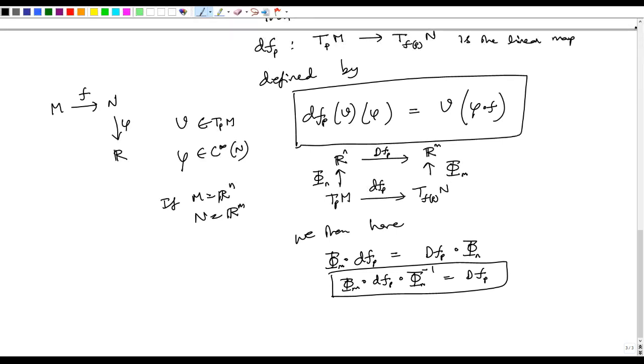In fact, this identification was the starting point for defining the tangent space to a manifold, for showing that the tangent space is finite dimensional, of dimension n, and so on. Everything hinged on this description of the tangent space. So hopefully that answers the question.